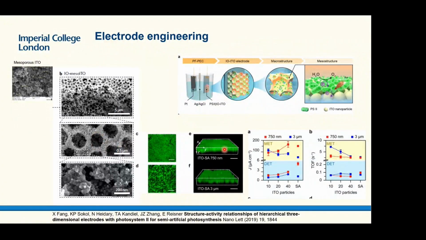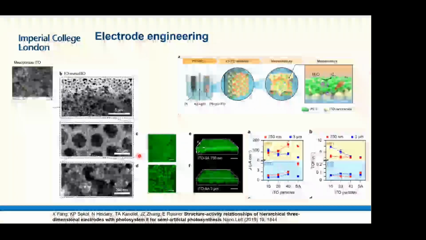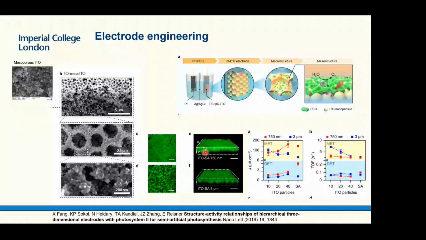And here they used fluorescence microscopy to look at the distribution of the photosystem 2 within the porous material. Depending on the size of the large pores, if you use pores that are too big, they get a lot of aggregates within these larger pores, and that leads to a very inhomogeneous system that is not very good in terms of performance.